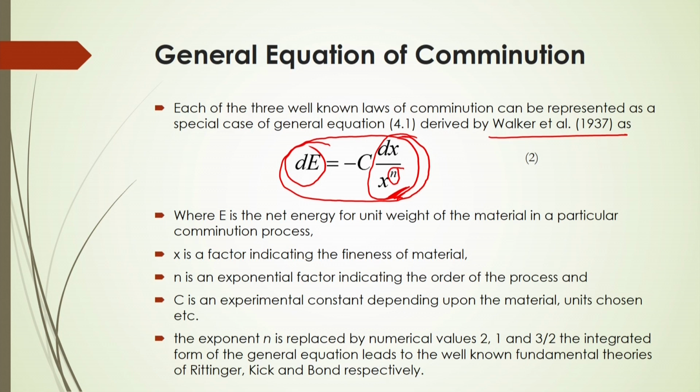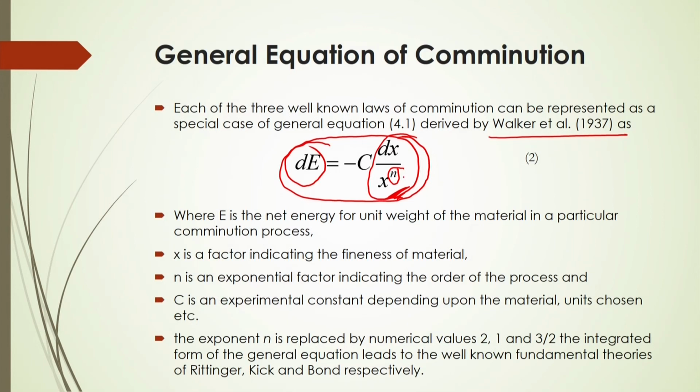And you can replace this exponent n by numerical values of 2, 1 and 3 by 2, the integrated form of the general equation that leads to the well known fundamental theories of Rittinger's, Kick and Bond respectively.